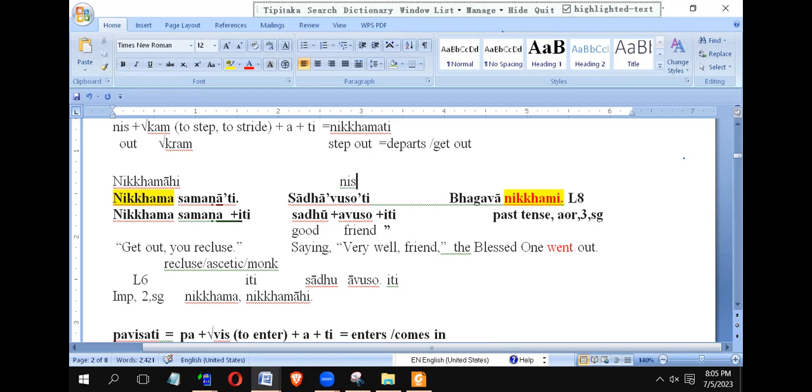Nis actually means out, plus the root kam. Then if you want, you can put the verbal base plus the a conjugation i. So you need kam plus a plus i, then you drop the a. If you want to do the elision, you just put this one. So it's easy. Nikkhama becomes nikkhami. So it's past tense, third person singular.